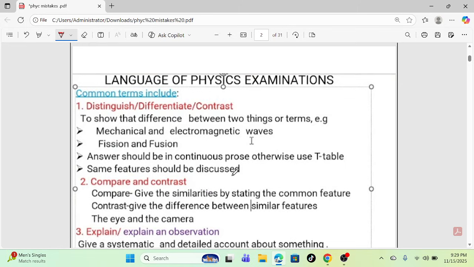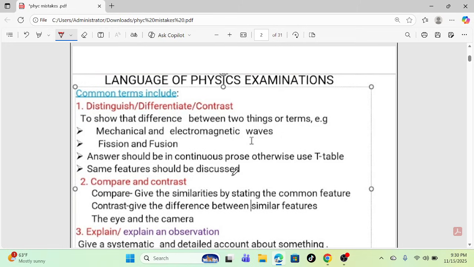Common terms include: in case a question asks distinguish, differentiate, or contrast, how do you answer? Ukiambiwa distinguish, differentiate, or contrast, it is to show the difference between two things or terms, e.g. mechanical and electromagnetic wave, fission and fusion.